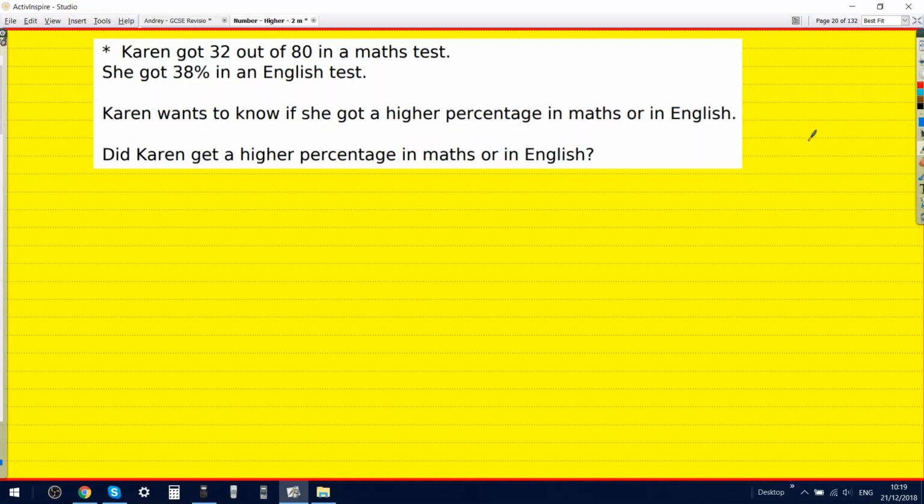So in the maths test, 32 over 80 times 100, and then when you work out what that is, do you just see if that percentage is higher than the English percentage? Yeah, and how would you do this? Because it's non-calc.